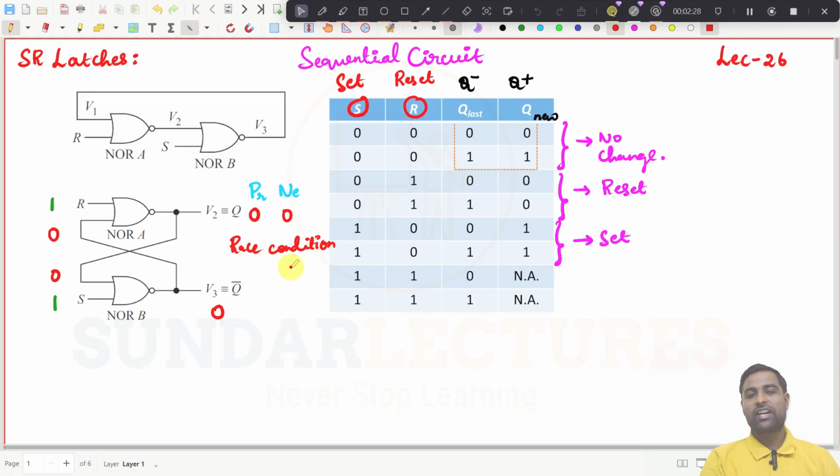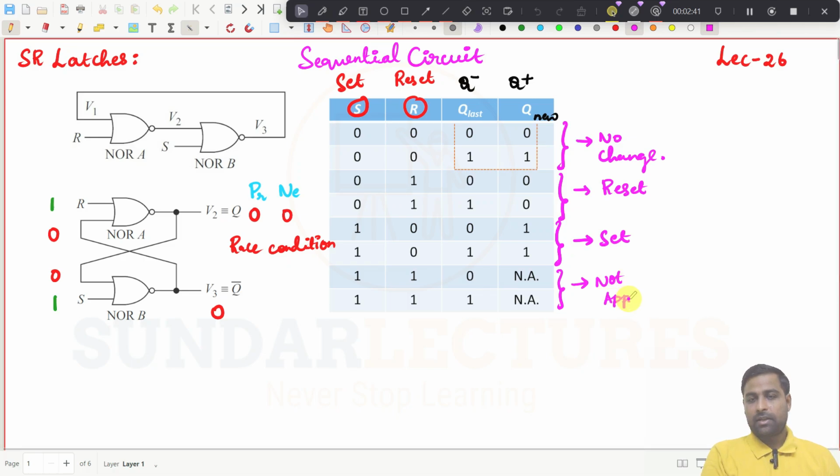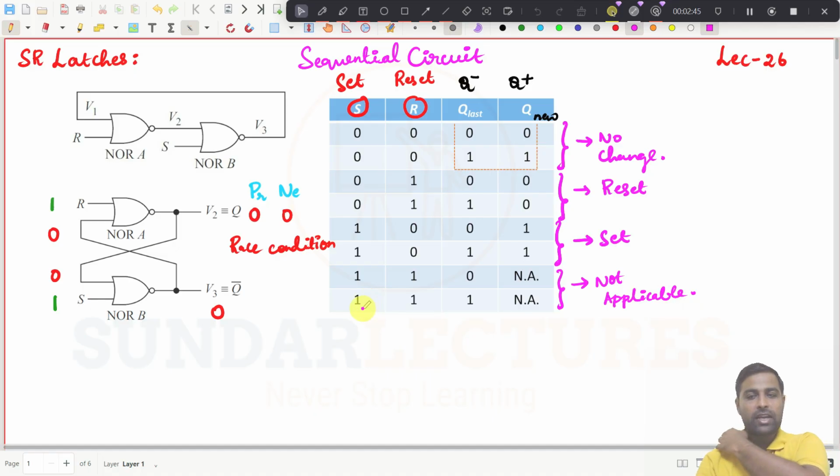So we always prohibit this condition. This is a not applicable condition.